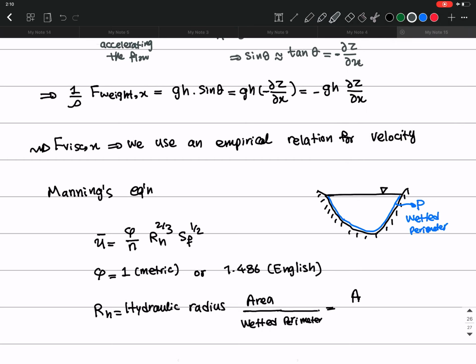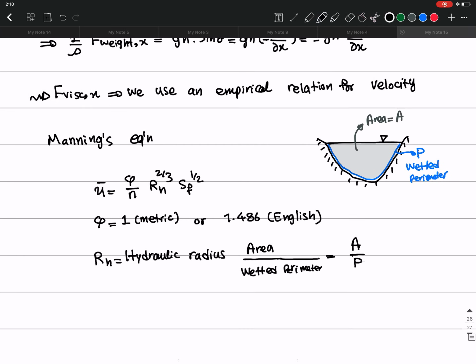So the area is going to be the area of the channel, which is this. So this is the area. Okay, so A over P is going to be the hydraulic radius, so you just put it there.